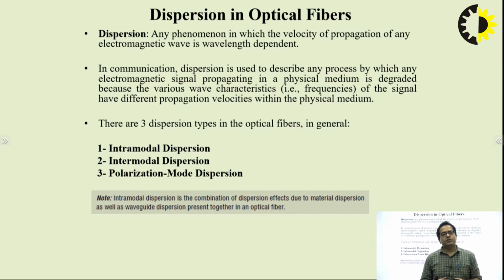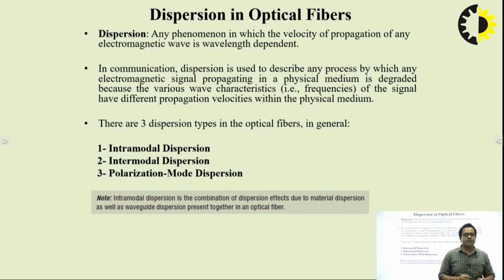In intermodal dispersion, different modes travel with different velocities. So intermodal dispersion is not going to occur in single mode fiber. It only occurs in multi-mode fiber, because multi-mode fiber supports multiple modes, whereas single mode fiber supports only a single mode. So if there is a single mode, there is no concept of intermodal dispersion, but there will be intramodal dispersion.